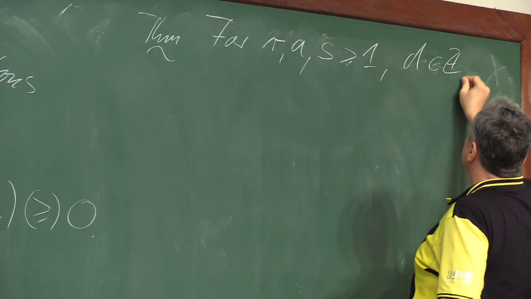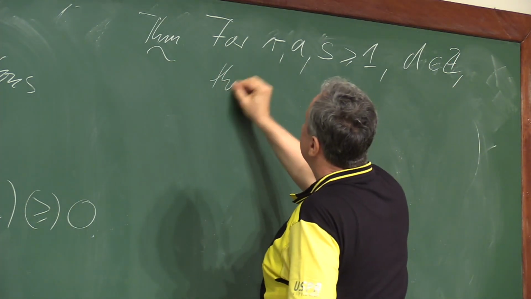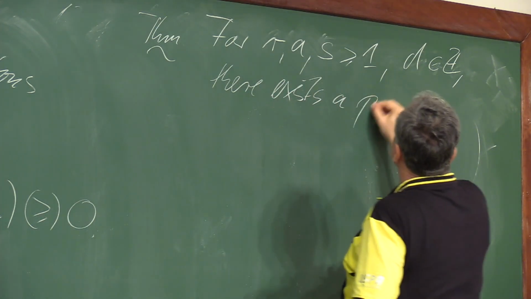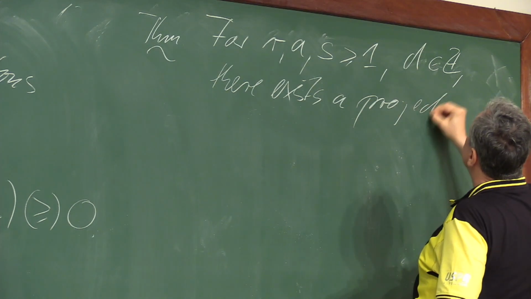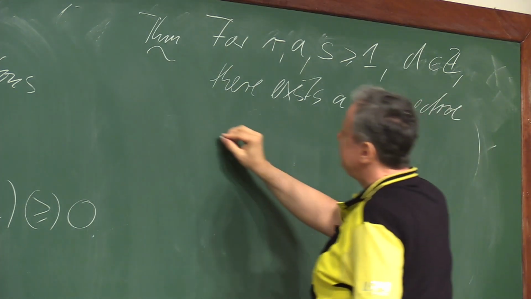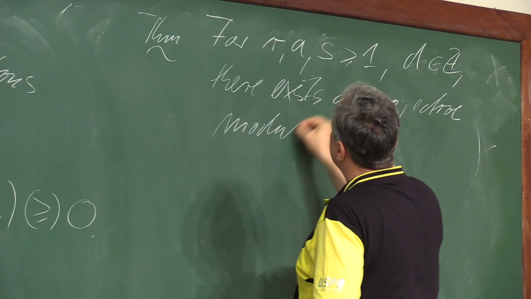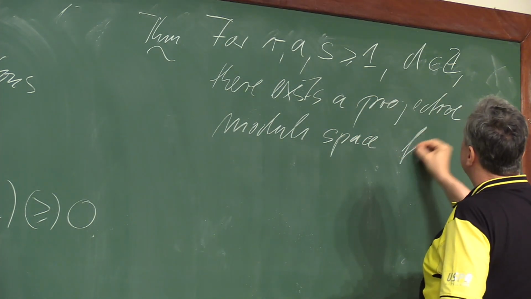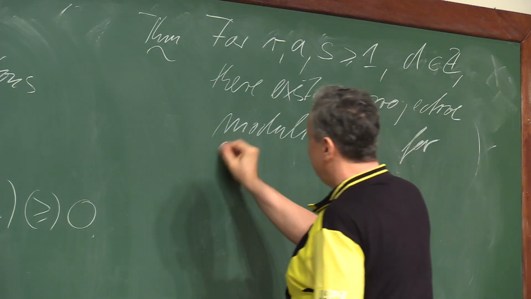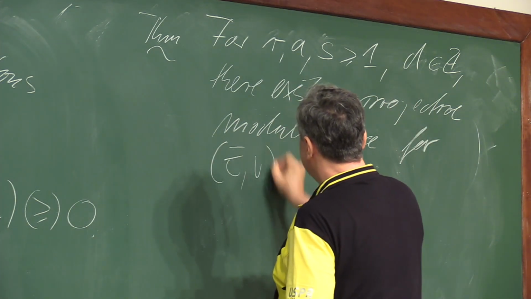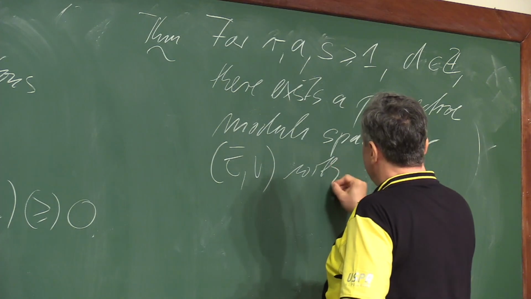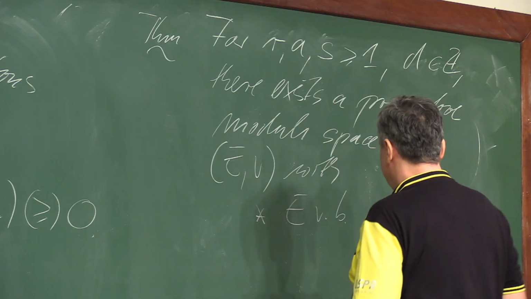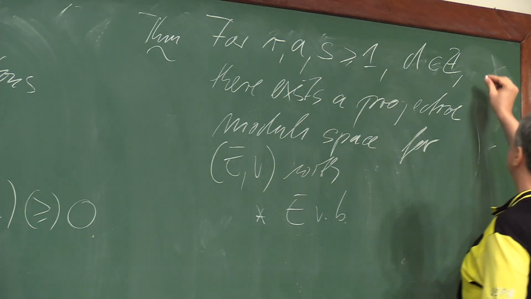So there exists a projective moduli space for pairs (E, V) with the following ingredients.